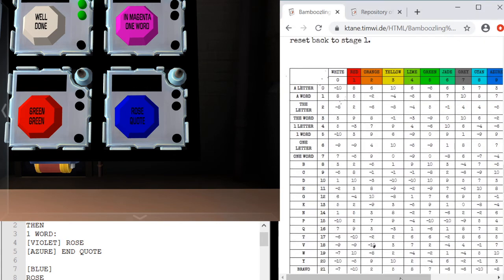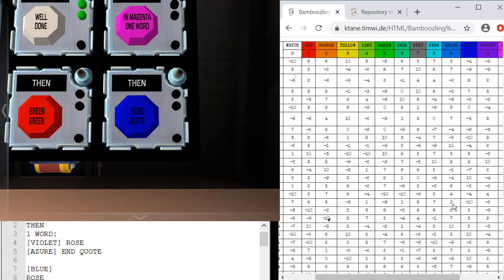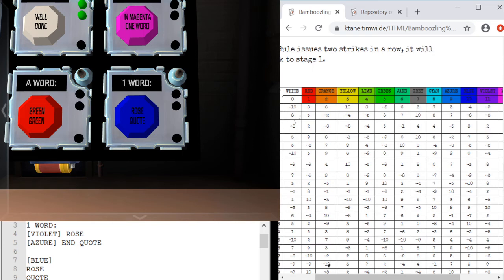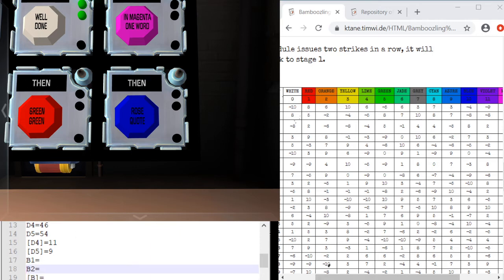Violet color is 11. And azure is 9. Button itself is blue, which makes this one 10.